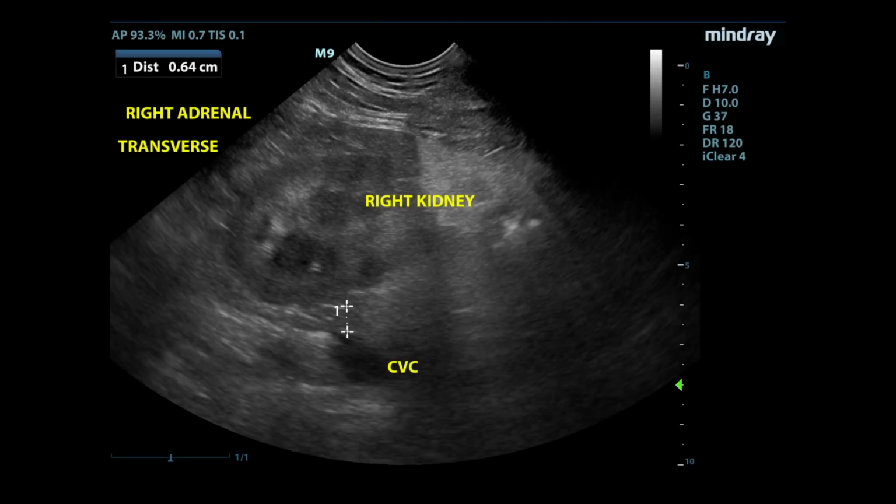Location of the right adrenal is variable. The right adrenal is usually between the right kidney and the caudal vena cava, that is, medial to the cranial pole of the right kidney and lateral to the caudal vena cava.